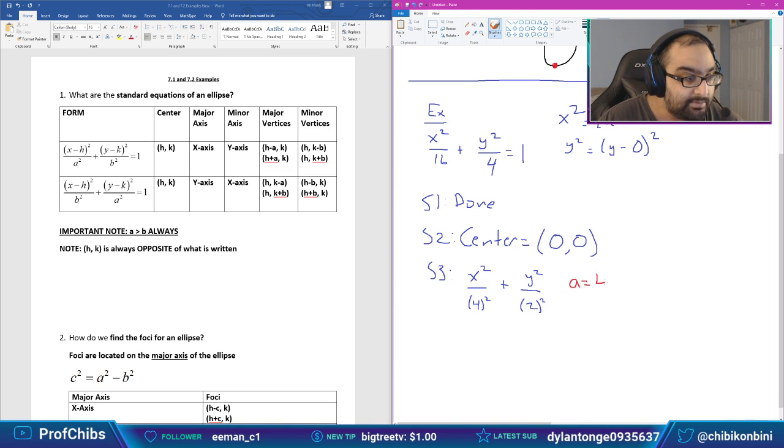So A being the bigger number is 4, and B being the smaller number is going to be 2. Okay, so A is 4, and B is 2. So that part there isn't too bad. You just need to be able to rewrite it in such a way where you can easily identify A and B, and you're not going to have any issues with that whatsoever.